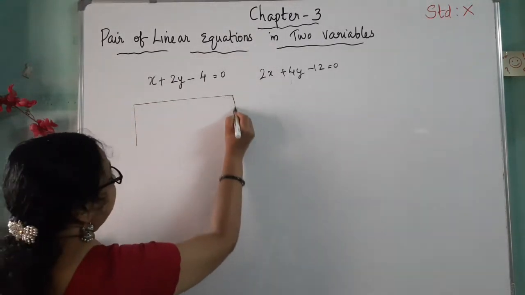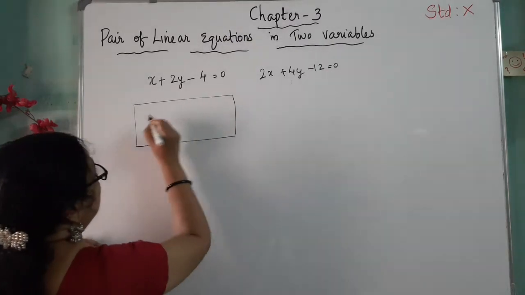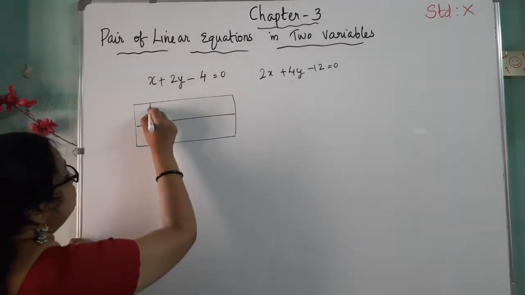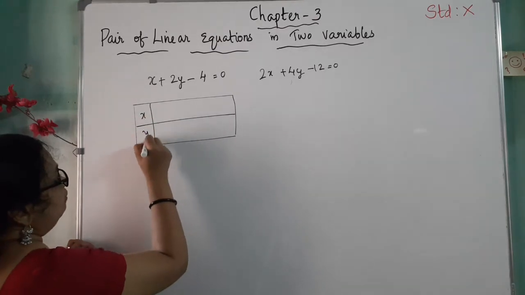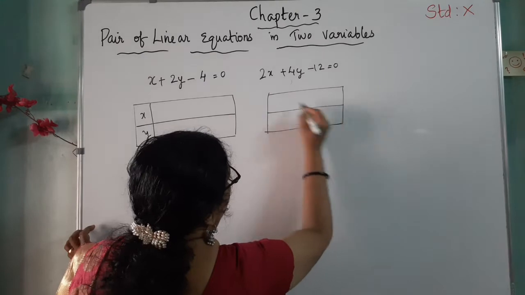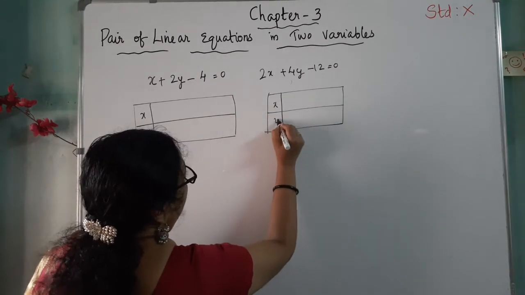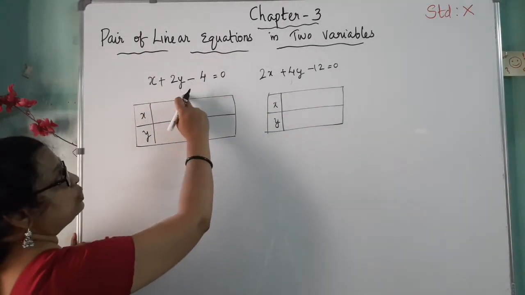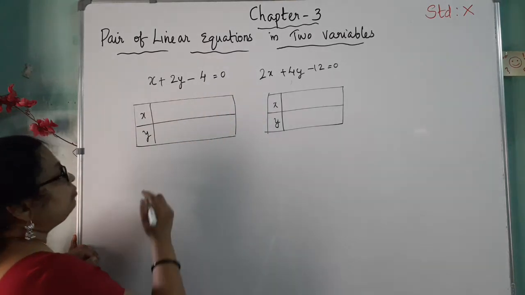So first we take x and y values here. We want to find them for both equations. First, this equation x plus 2y minus 4 equal to 0.